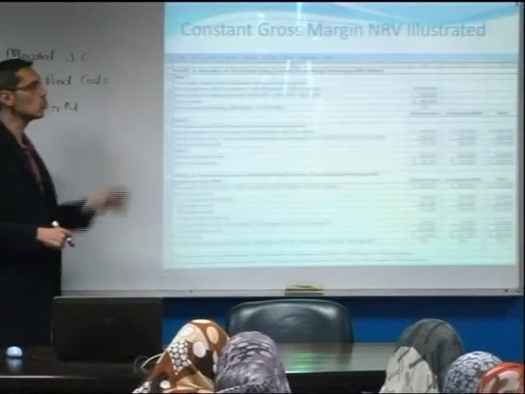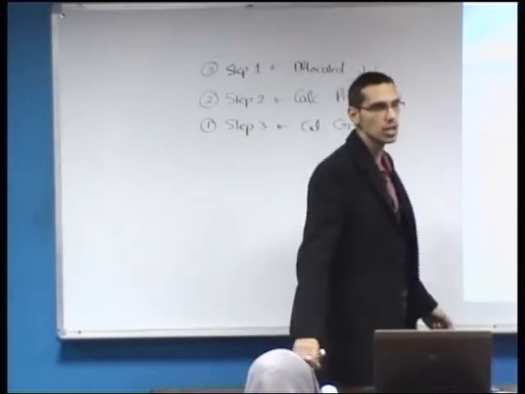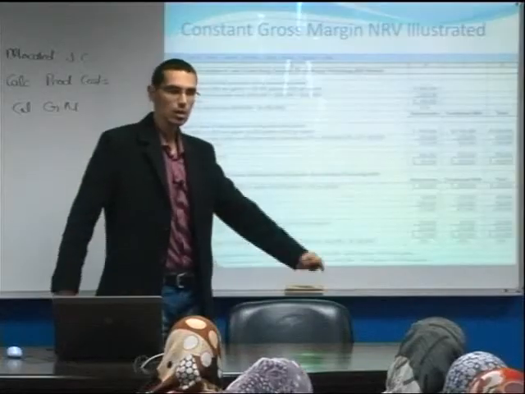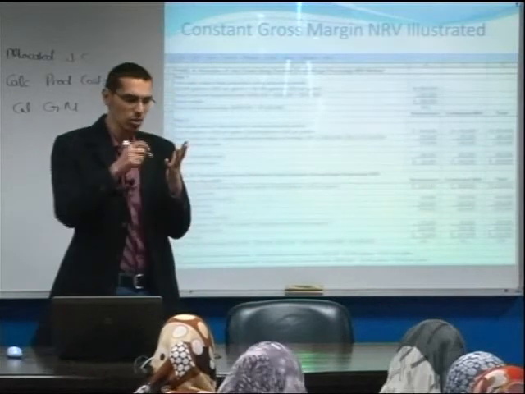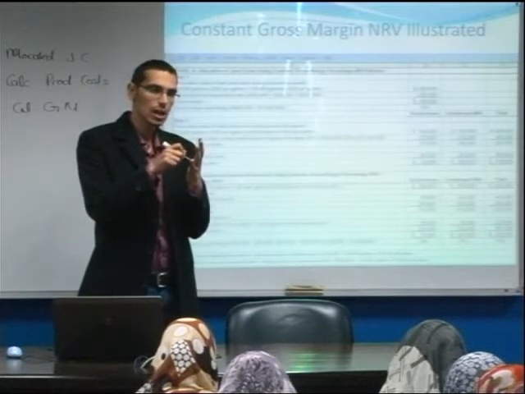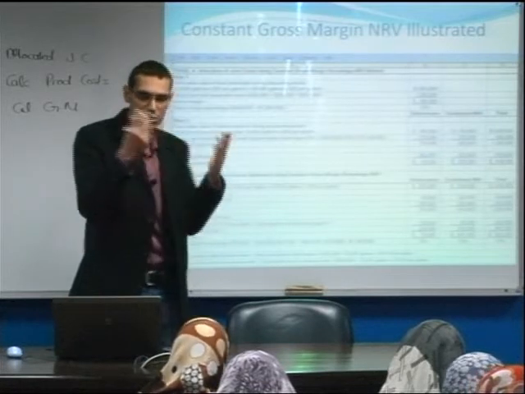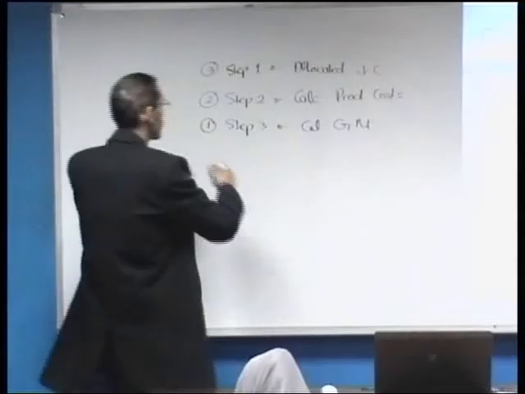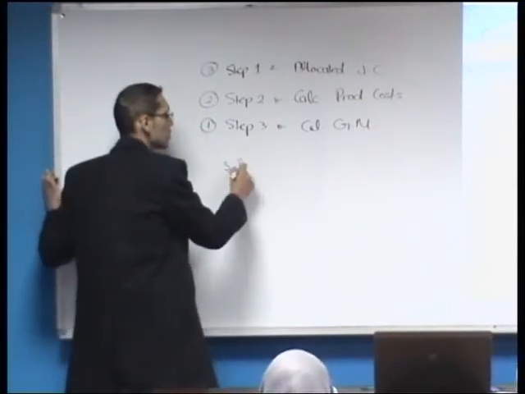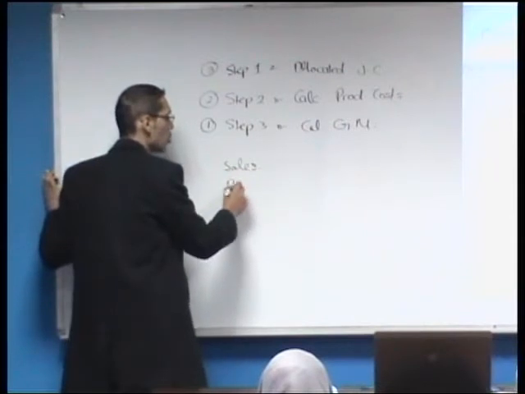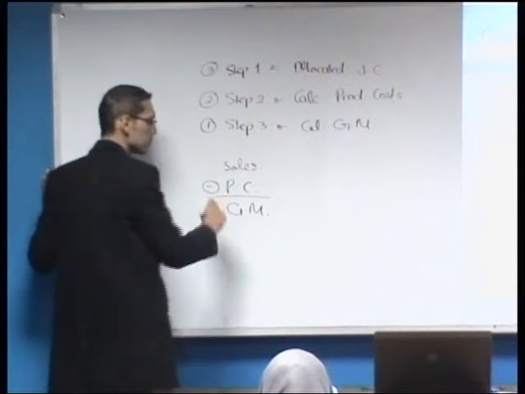Now, step number two, we are going to calculate the production costs. How are we going to calculate the production costs? For each of the different products, I know the gross margin percentage and I know the sales value. Of course, the main calculation is deducting the production cost from the sales value, which gives us the gross margin, correct?